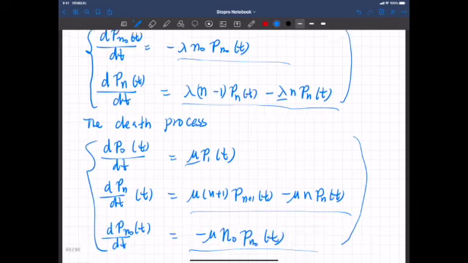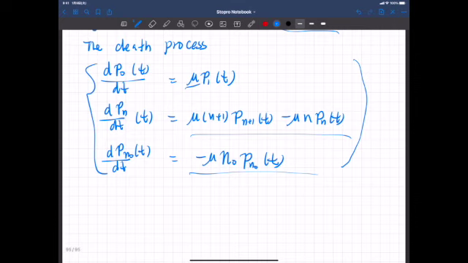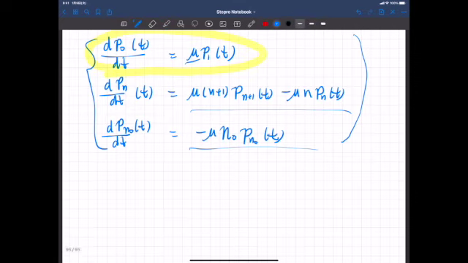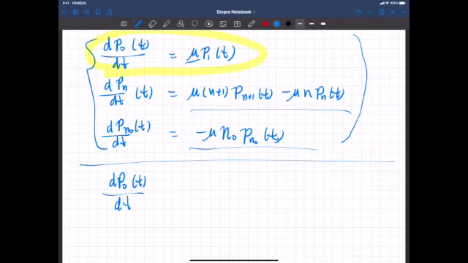First, consider the case when n is equal to 0. So that would be just dP0 over dt, and this state, with no individuals, can be reached only from the population size of 1.